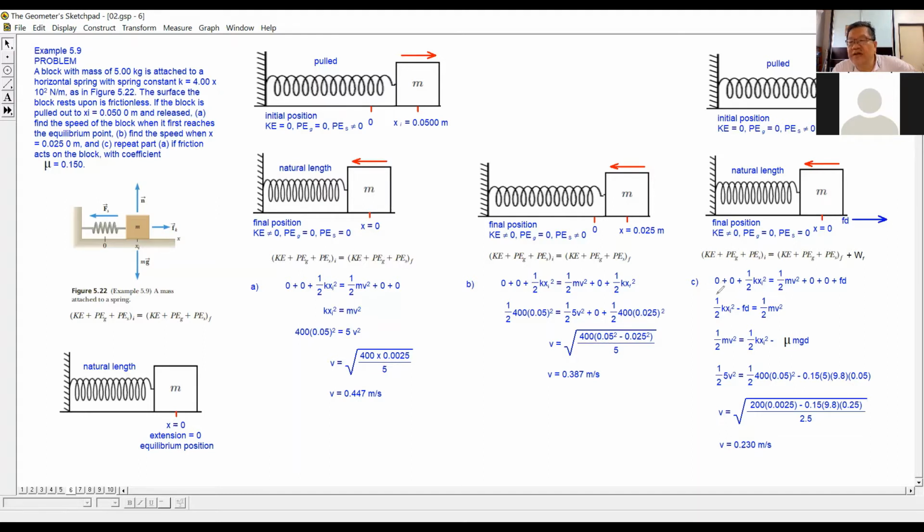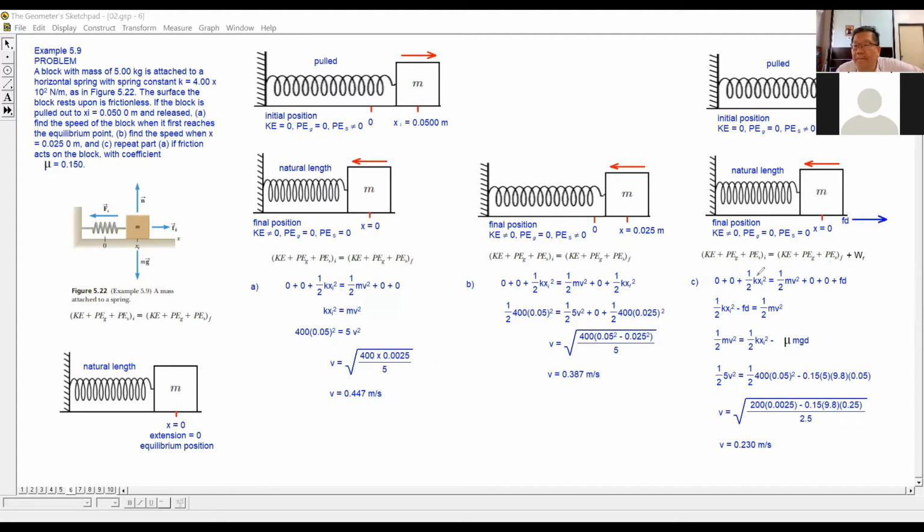Kinetic energy 0, gravitational potential energy 0, spring potential energy half kx squared. Then finally, kinetic energy half mv squared, spring and gravitational potential energy 0, work done against friction not 0, right?